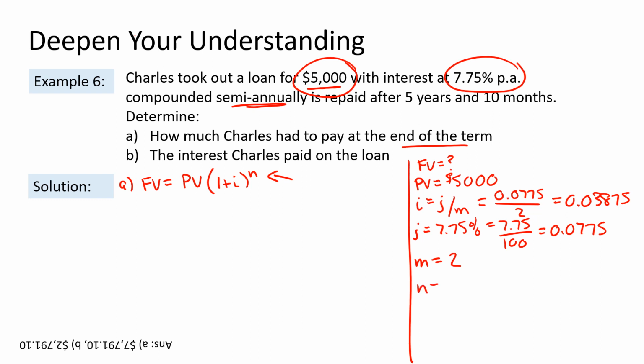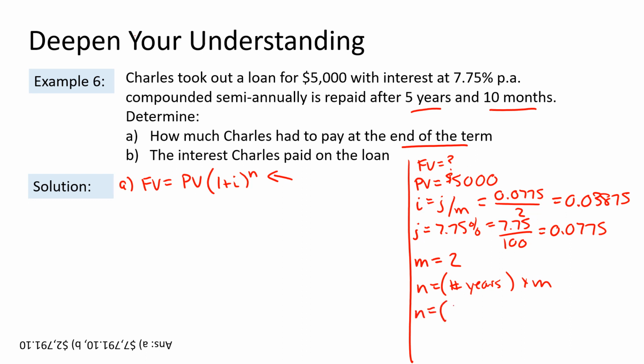N, remember, is equal to the number of years of our investment multiplied by our number of compounding periods per year. In this question, we have 5 years and 10 months. So we have to convert the 10 months to years. N is equal to 5 years plus 10 months divided by 12, because we have to convert those months to years. And that's multiplied by our value for M, which is 2, because it's semi-annually.